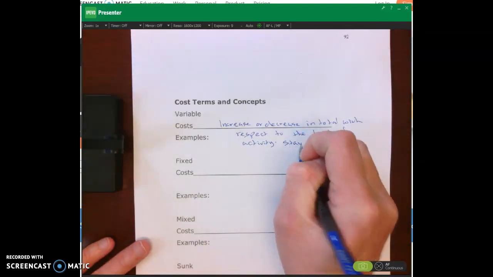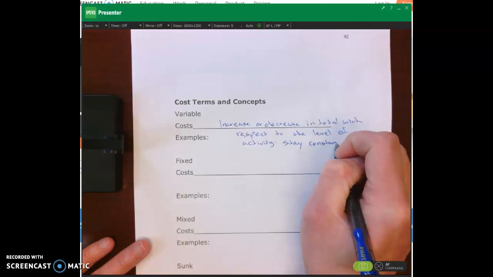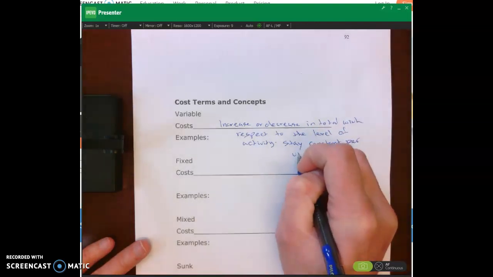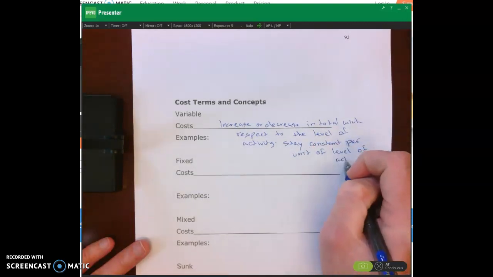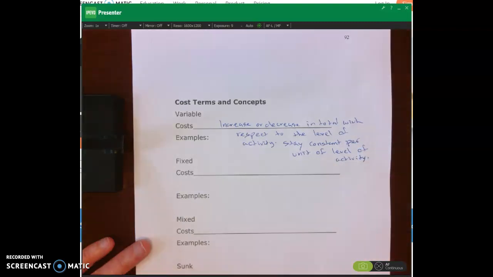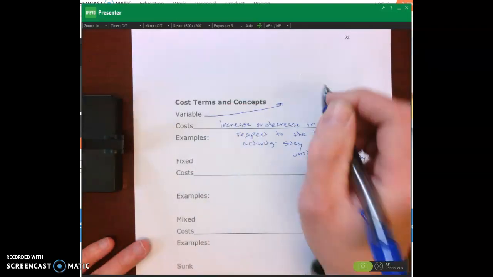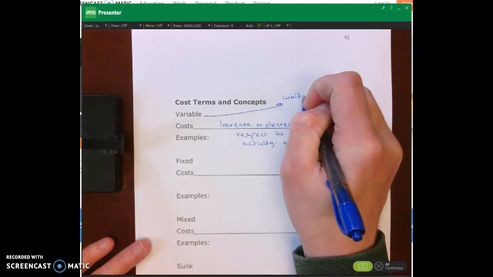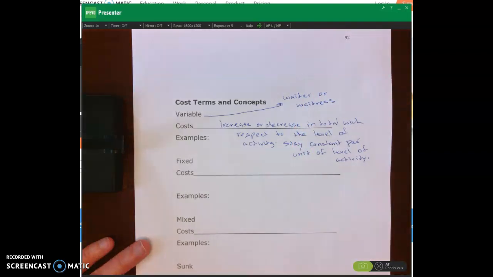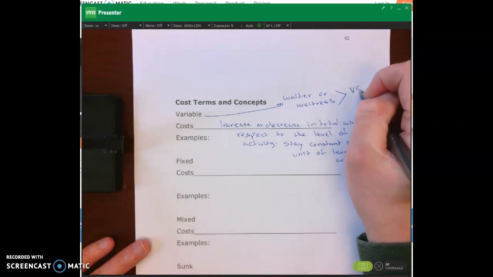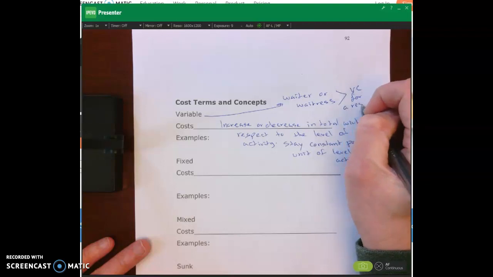They stay constant per unit of level of activity. So they stay constant per unit. So an example is if at a restaurant, if you've ever been a waiter or waitress, okay, that would be an example of a variable cost for a restaurant. Variable costs, VC, variable costs for a restaurant.